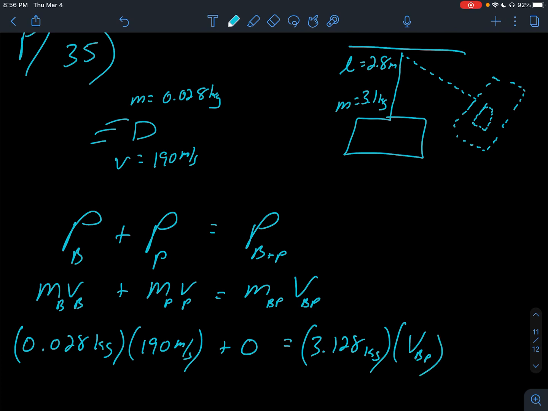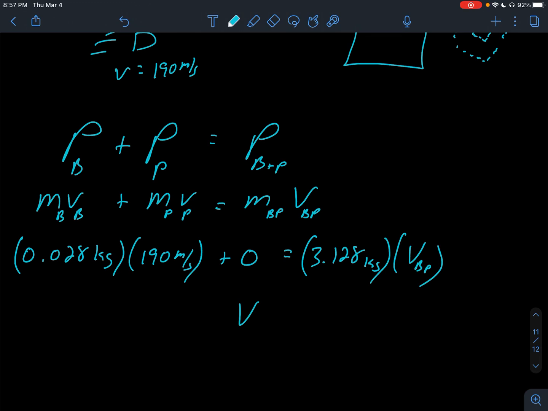So we plug that into a calculator. There we go. And we get a velocity of the bullet and the pendulum of 1.7 meters per second.